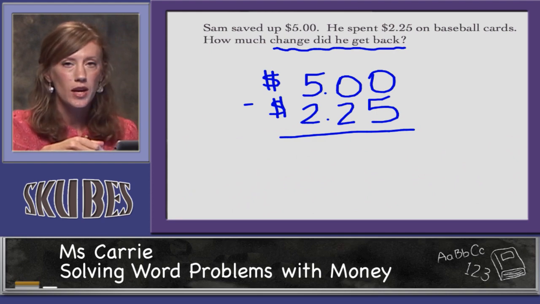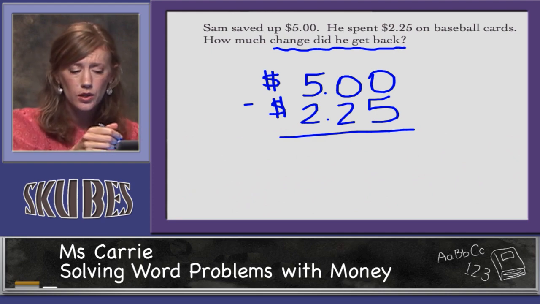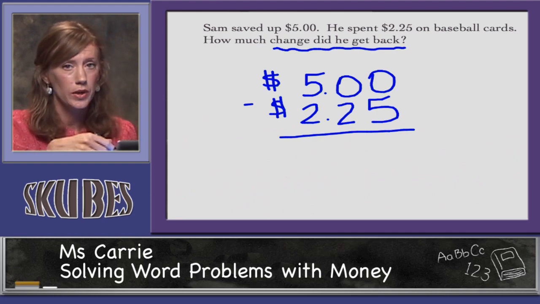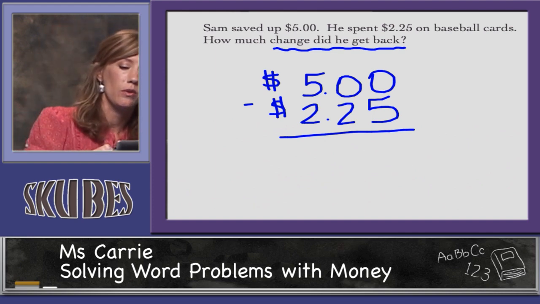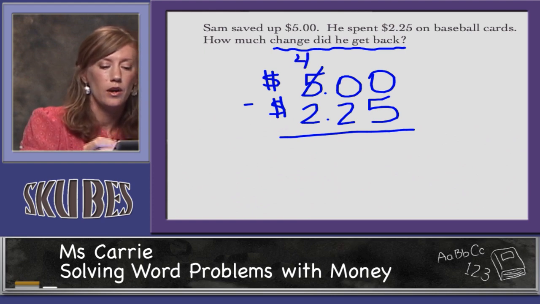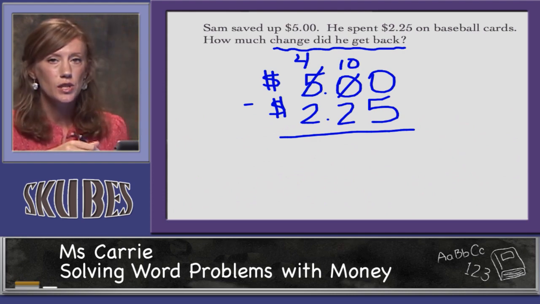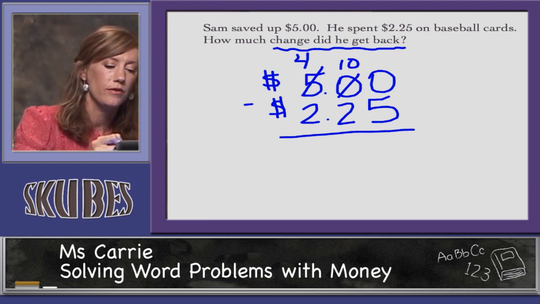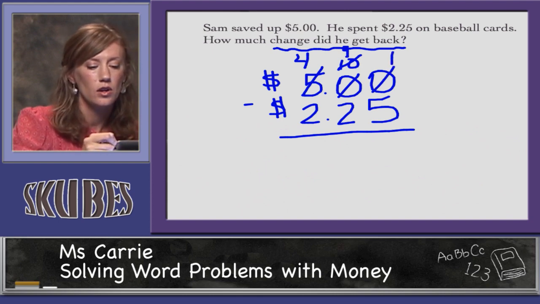We can't do 0 minus 5. So we go to the tens and we see that we can't do 0 minus 2 because zeros are less than the number below them. So we're going to go all the way here and make our 5 a 4, borrow, make our 0 a 10. Well, we still can't do 0 minus 5, so we're going to borrow from this 10 again, it becomes a 9. This 0 becomes a 10.